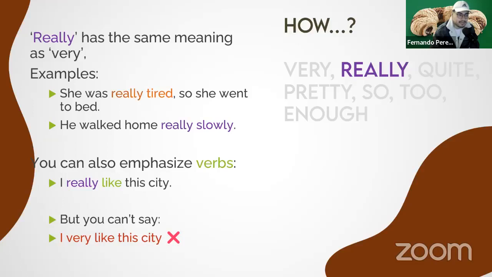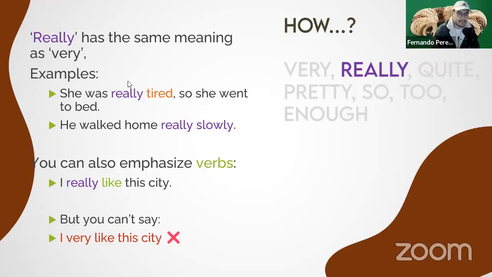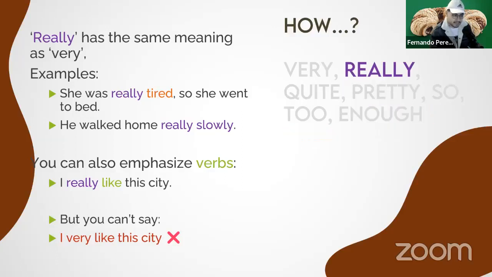is also an emphasis for adjectives. Look at this, purple and orange. So really good, really nice, really tired, really big, really small, really bad.